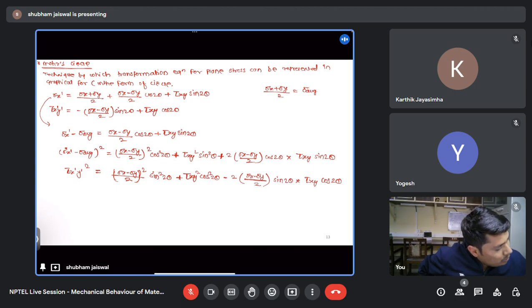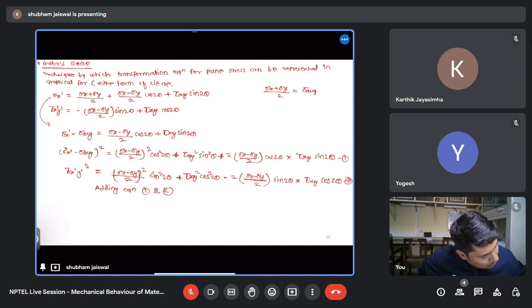Now if I add equation 1 and equation 2, what I will get: sigma x prime minus sigma average, square, plus tau x prime y prime square.